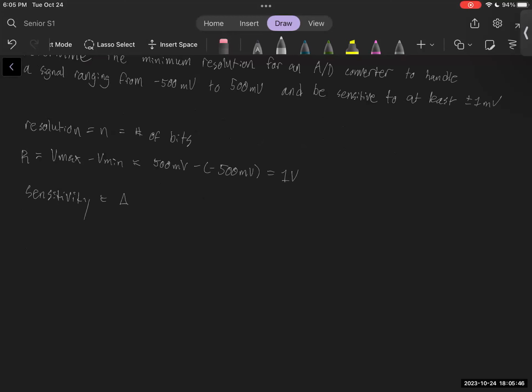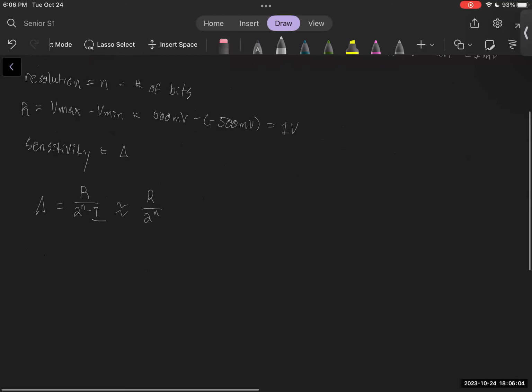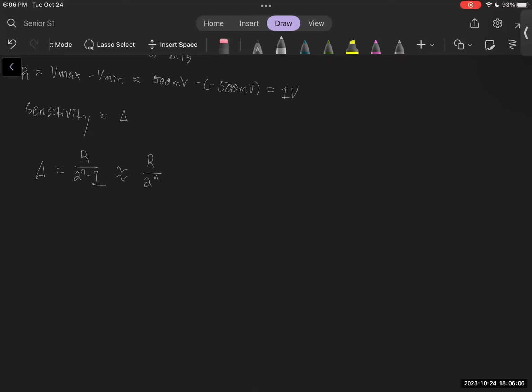So we're given the equation of step size is equal to r over 2 to the power of n minus 1. We're going to approximate that down to r over 2 to the power of n. So we're going to get step size or sensitivity is equal to r over 2 to the power of n.